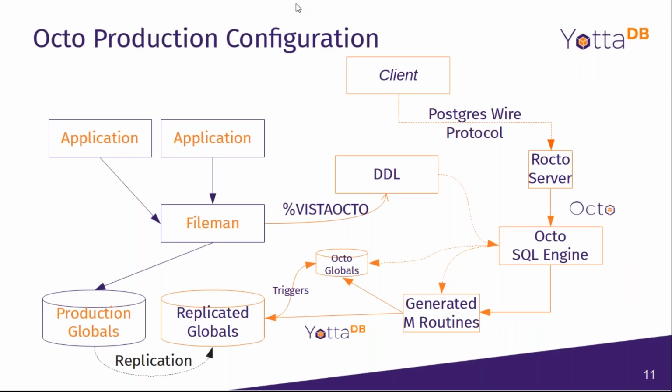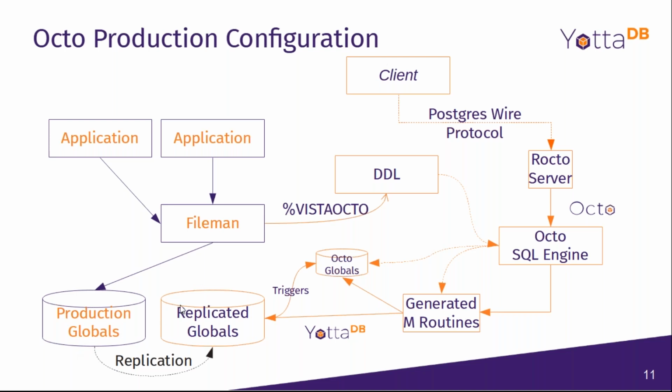The main thing to know about Octo is our production configuration. There's a lot of things going on here, but let's try to simplify it. What you have over here is your production instance.